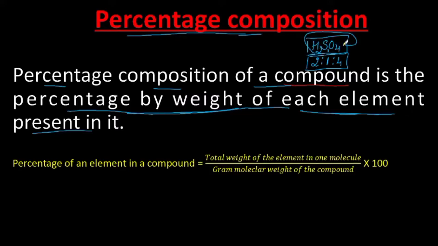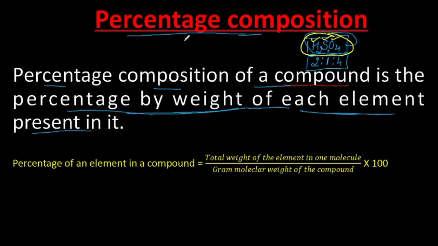For example, if you take the total molecular mass of sulfuric acid, it will give you some mass, but that mass is produced by the addition of masses of hydrogen, sulfur and oxygen. So it forms the 100% of the mass of that compound.